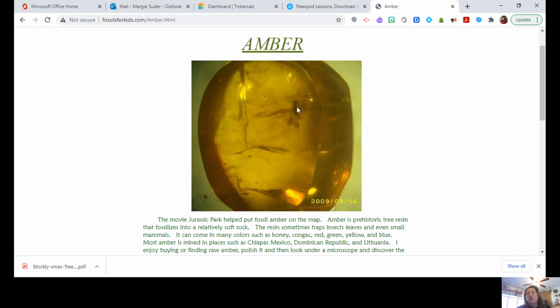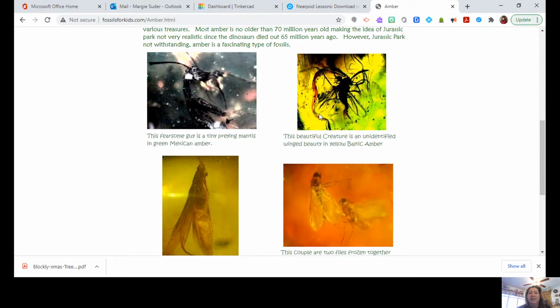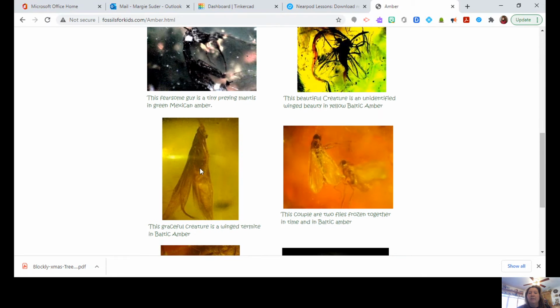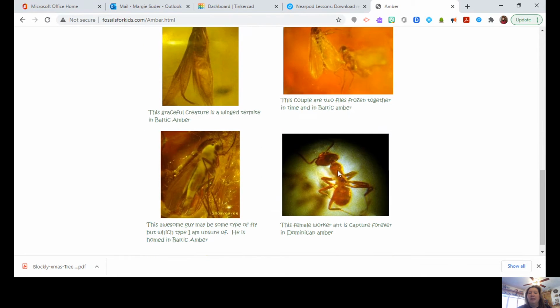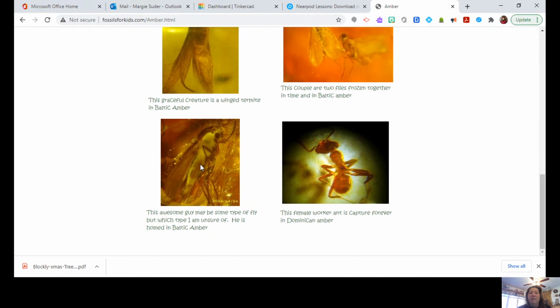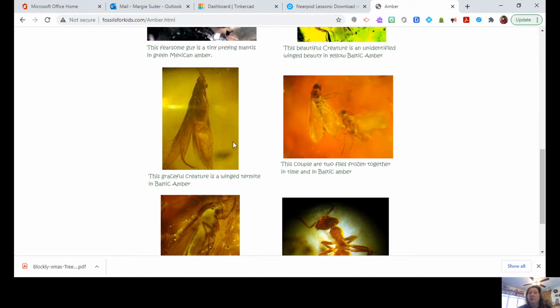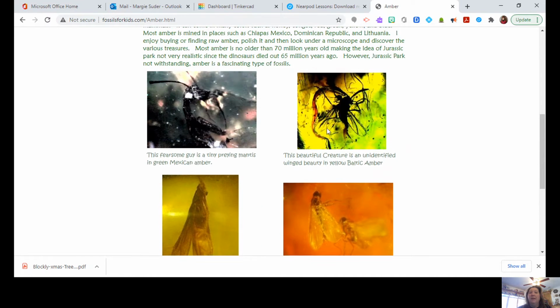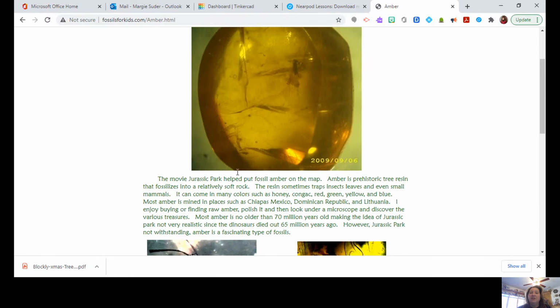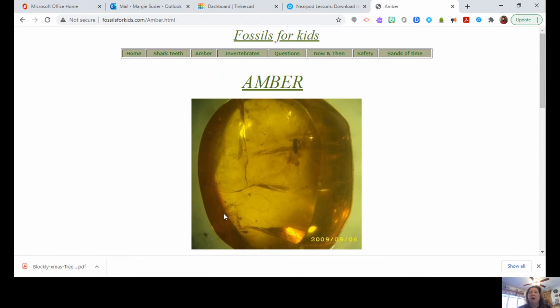And now that that animal's trapped in there, it doesn't decay. So you can see down here, these are other animals or insects that have been trapped in that tree resin, and these are what we can see through the amber today. So I think this is very interesting, and if you like the movie Jurassic Park, this one will be interesting for you to look at.